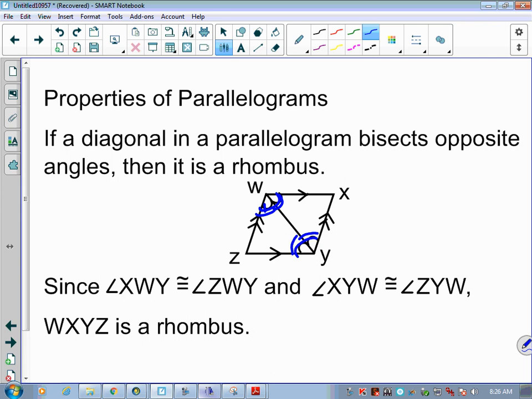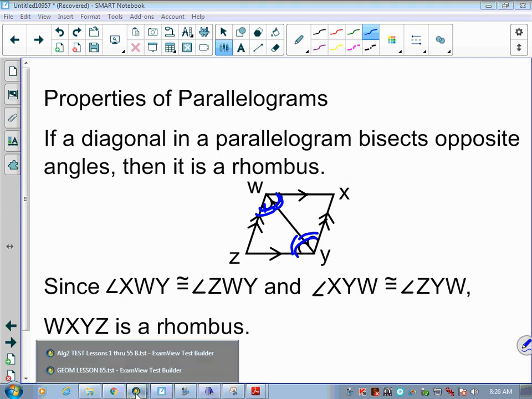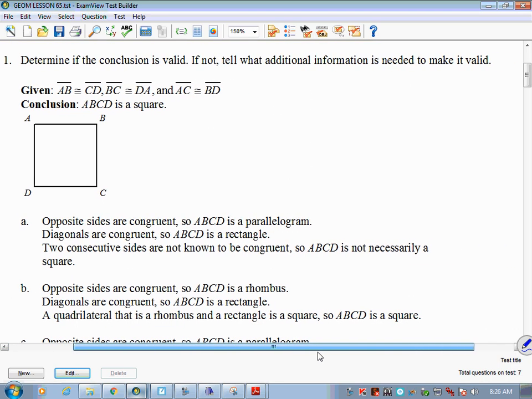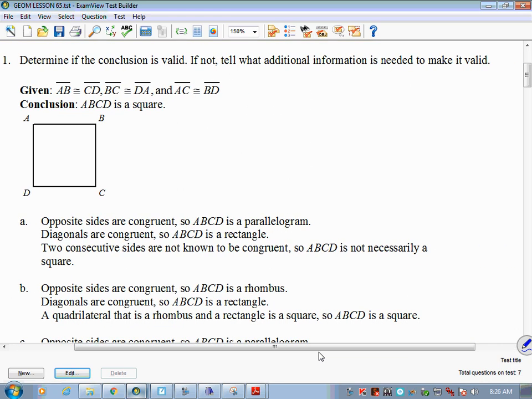Okay, so let's start looking at some of the lesson work here then. They're going to put this in a sort of proof form. It says determine if the conclusion is valid. If not, tell what additional information is needed to make it valid. So they tell me that AB is congruent to CD, so let's use a tick mark here.